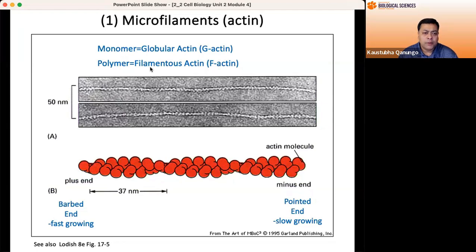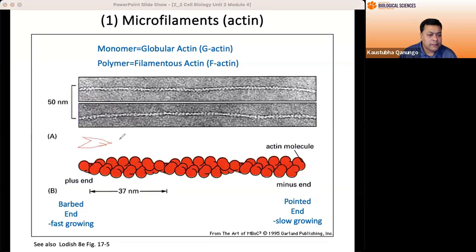So, monomer is globular actin, and polymer is filamentous actin, or F-actin. If you look at this structure, the plus end is called the barbed end, and the minus end is the pointed end. It will essentially look like this.